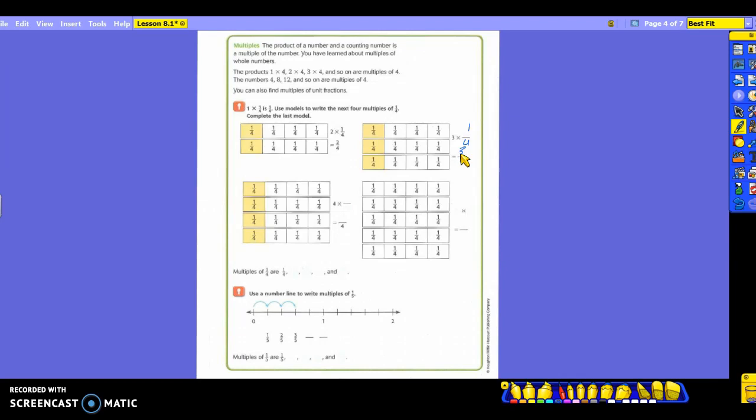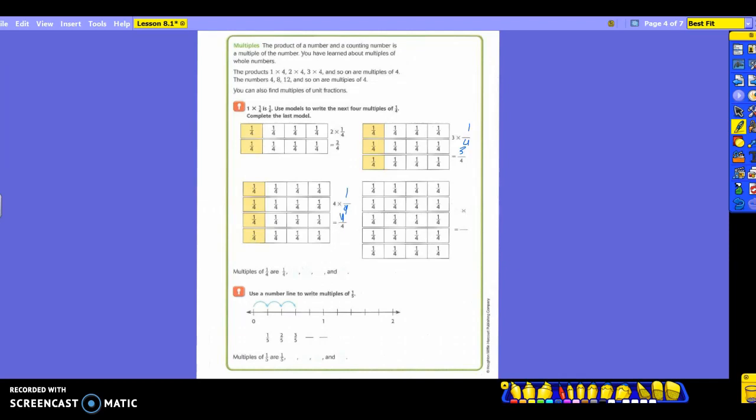Okay, what do they have here? 4 times 1/4. Still doing fourths, right? Everything so far in this model is going to be fourths. So what do I get now? 4/4, and if I put that all together, I would have what? 1 whole. Okay, so instead of dividing it up into these different ones, they could have put it all together, right?